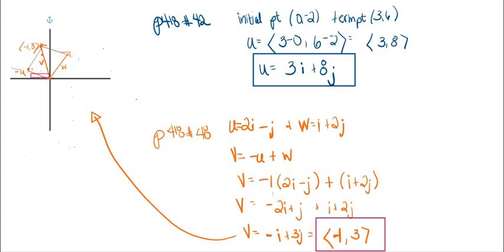That's this one. And then w is 1i plus 2j, which is this one. And when I add those two together, if I take negative u, and I take the w, and I put it over there, the initial side to the terminal side of negative u, and make my w go up like this, I get the component vector.